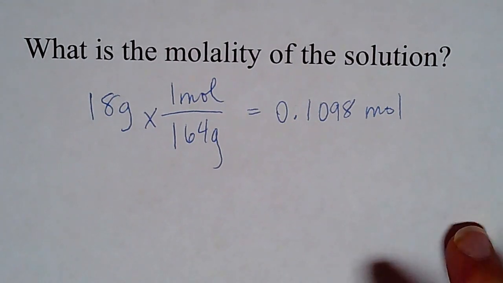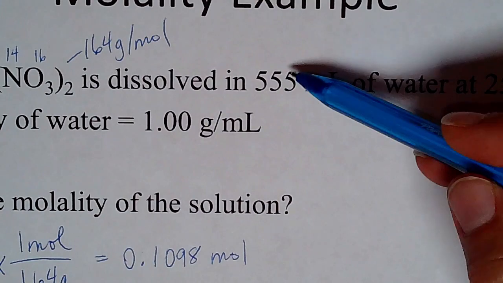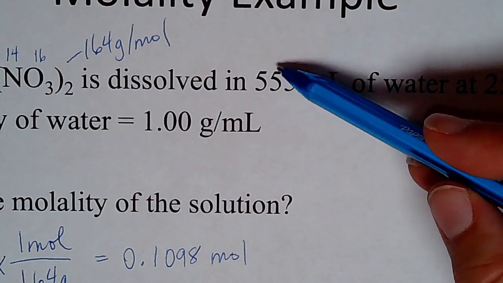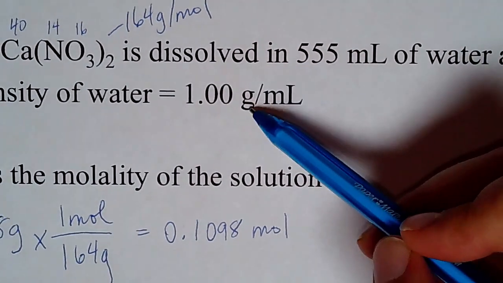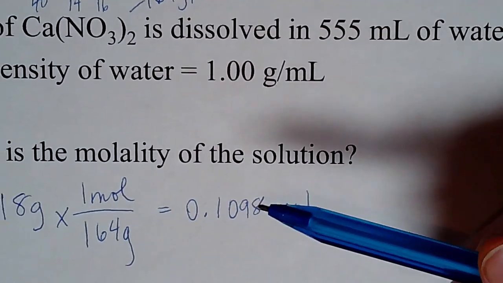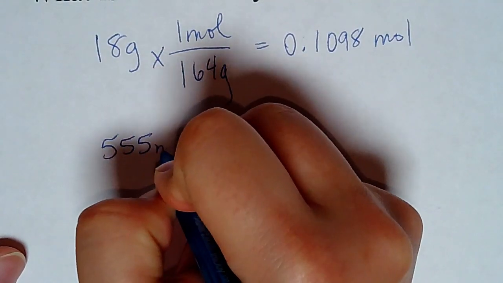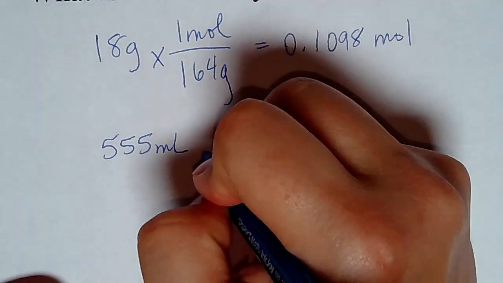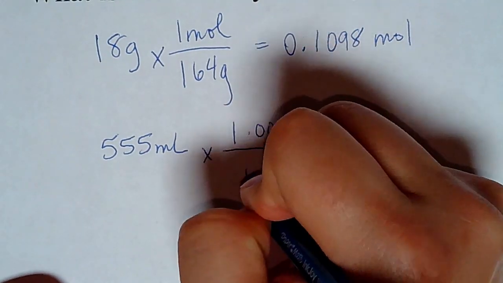Second thing we need to look at is our kilograms of solvent. So right now we have volume. We need to convert that into grams using our density, and then we can convert it to kilograms. So 555 milliliters. We have a density of 1 gram per mL.